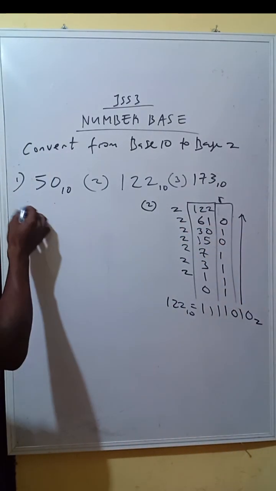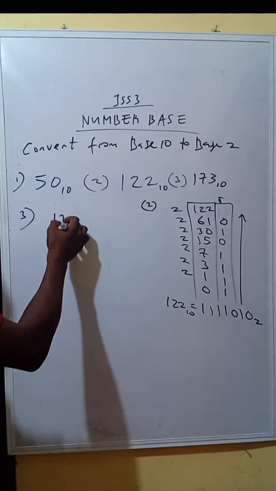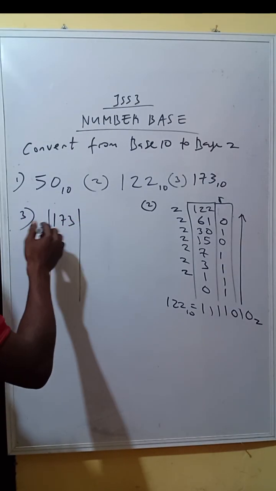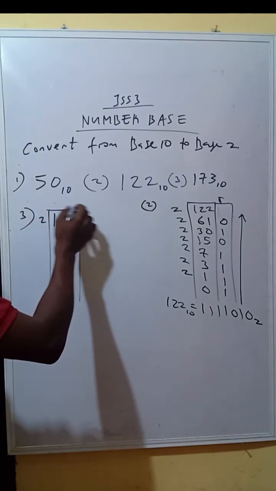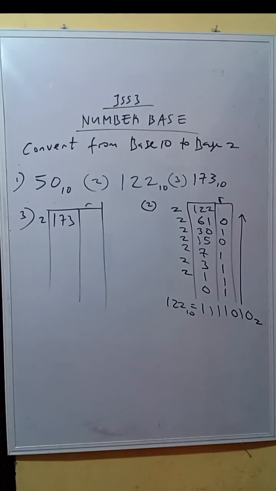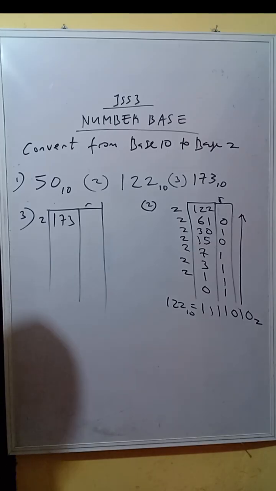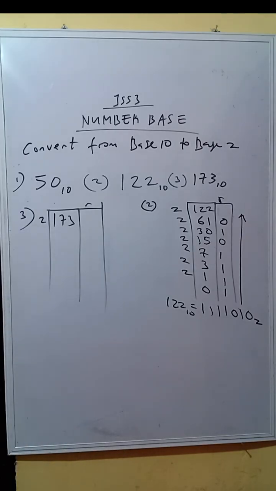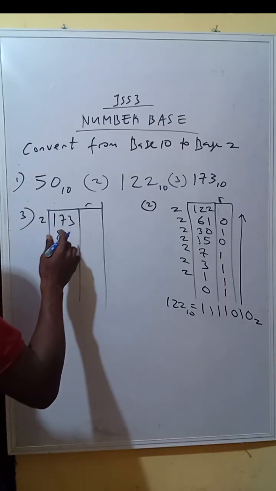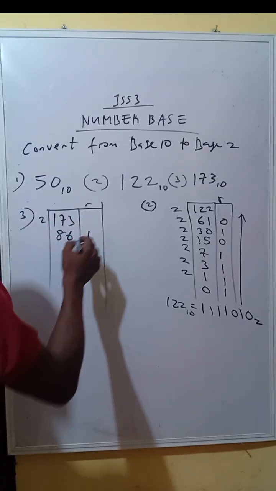So the third one, we have 173. The remainder will be here. 173 divided by 2. 17 divided by 2 is 8, 16, 1. 86 remainder 1.